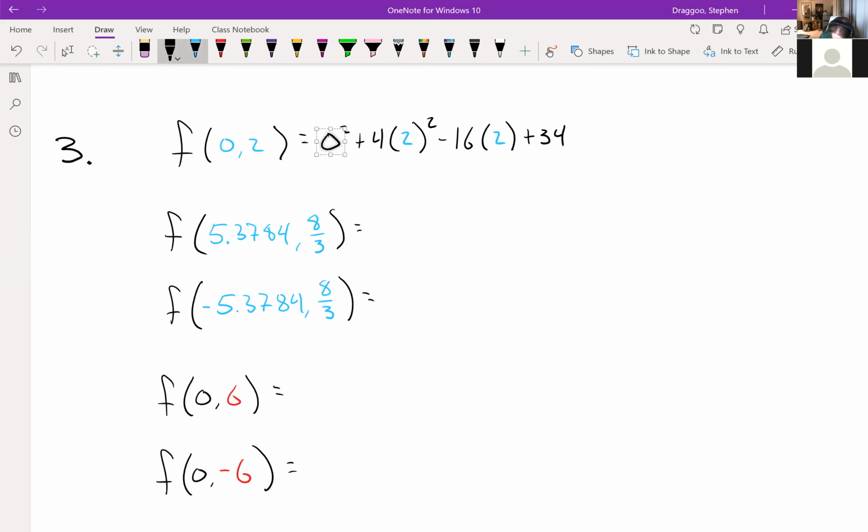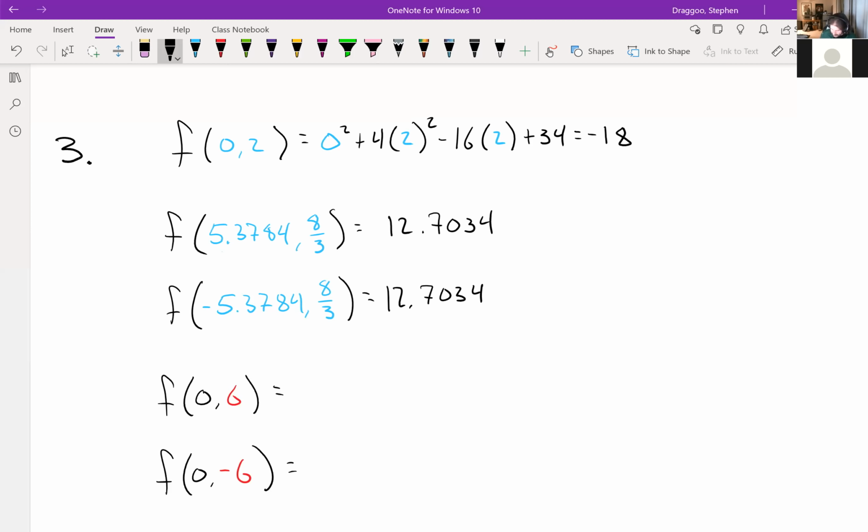I guess that 0 should be in blue because I'm plugging it all in. I got negative 18 on this one. Skipping ahead through all of the extra math, both of these come out to 12.7034. We were expecting that they should come out to the same value, since in the original function I just have x squared, so it was definitely going to come out positive.